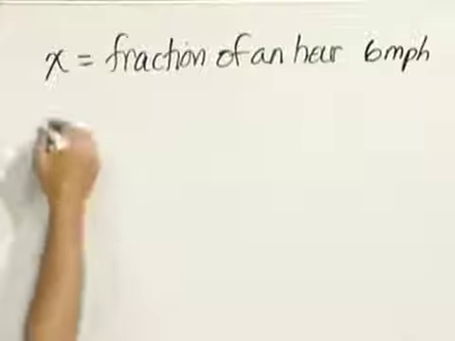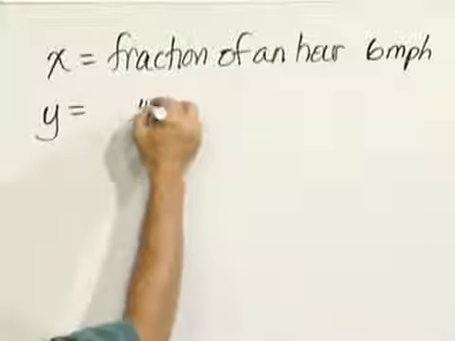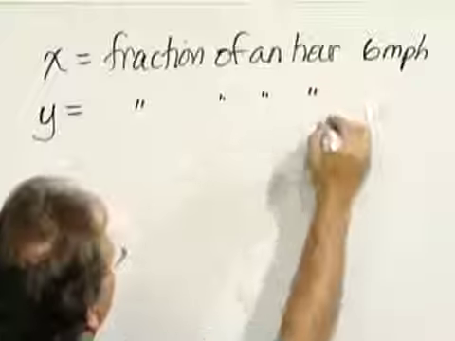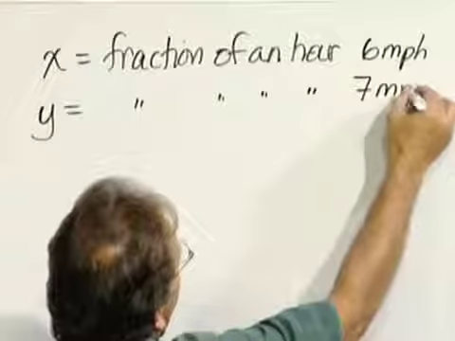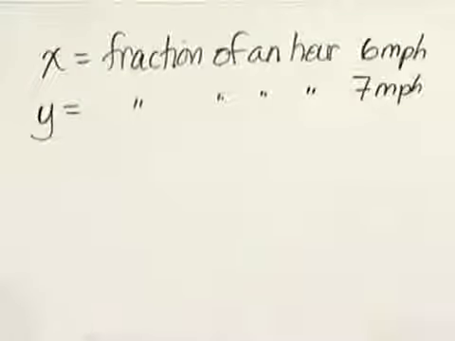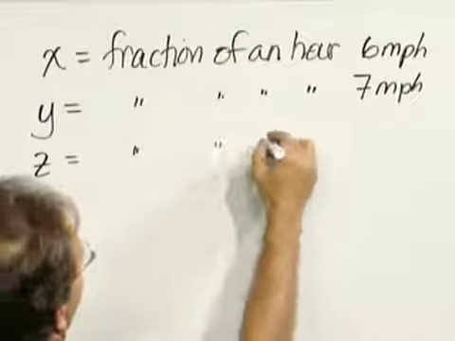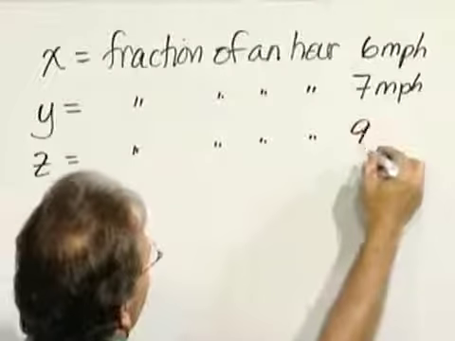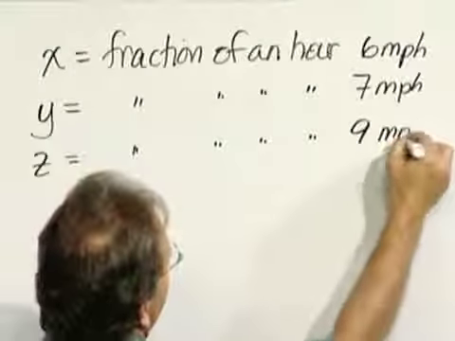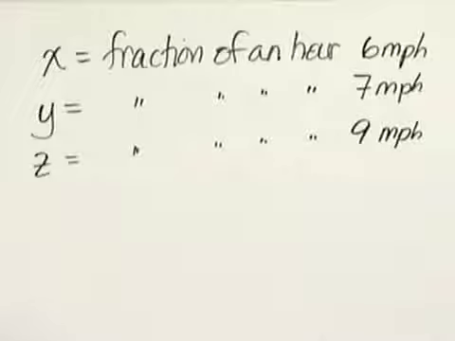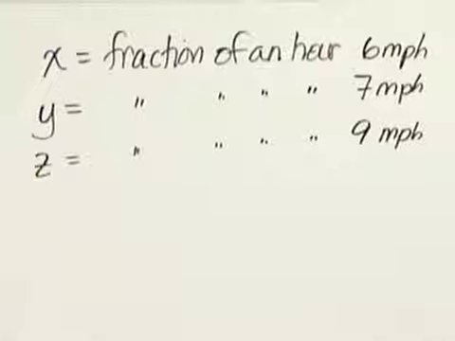And so then what I'll do is let y equal the fraction of an hour that the runner jogged at 7 miles per hour. And then z will equal the fraction of an hour that the runner jogged at 9 miles per hour. Now we can set up a system of 3 equations with these 3 variables.